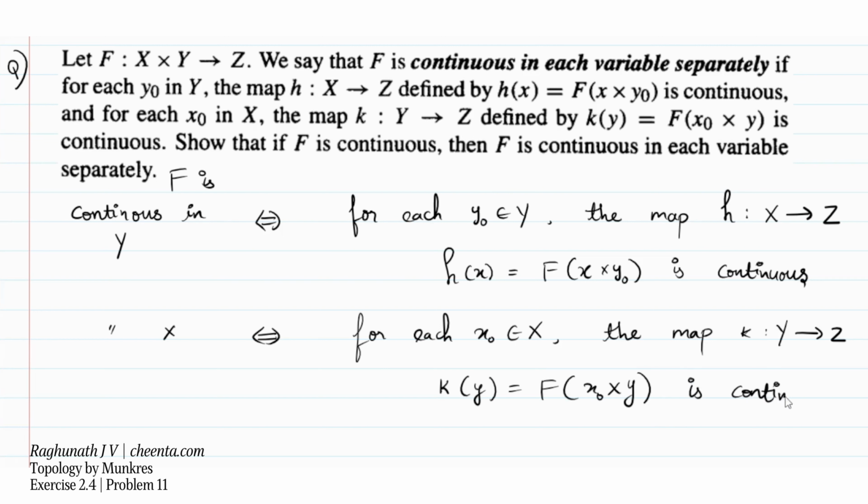This function k is defined for each x naught, and for every x naught this function is continuous. Only then can you call the function capital F continuous in the variable x.